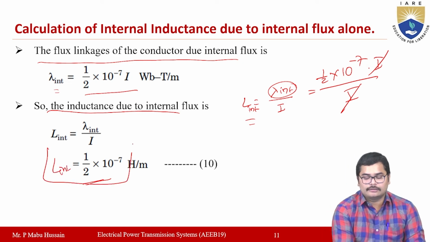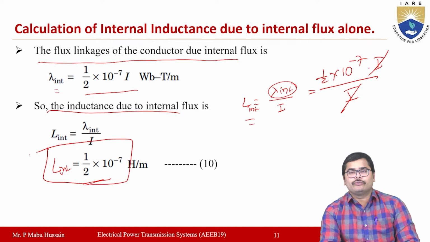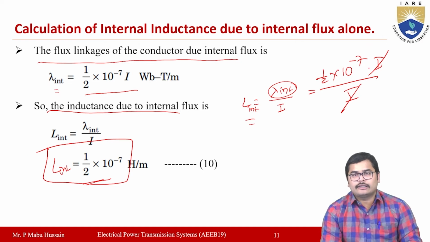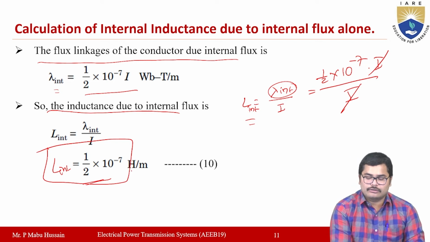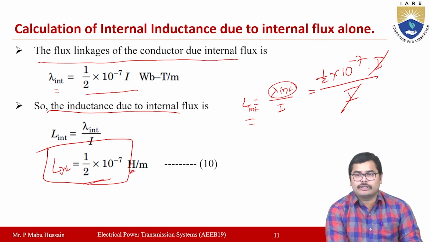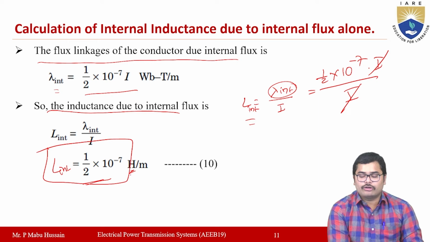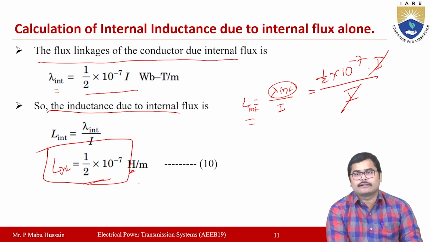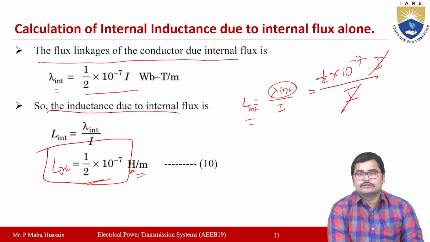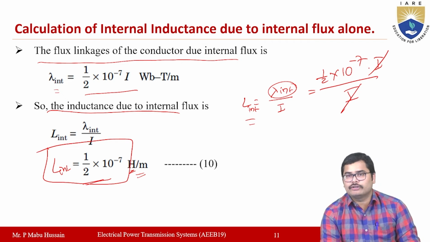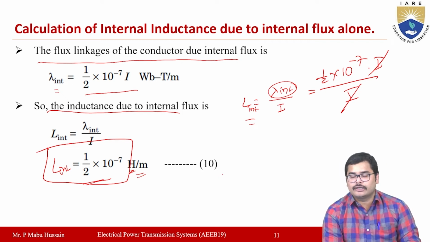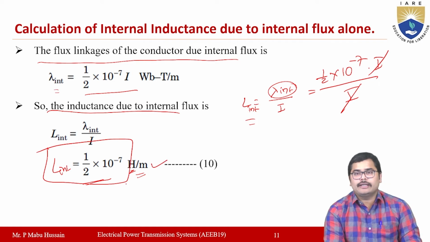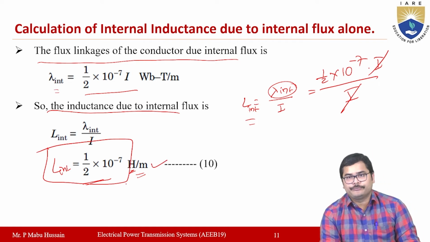And the inductance unit you already know, which is henries. So L internal will be equal to 1 by 2 into 10 to the power of minus 7 henries per meter. Why are we taking per meter here? We are considering only the 1 meter length of the conductor. Because of that reason, this expression will be henries per meter.